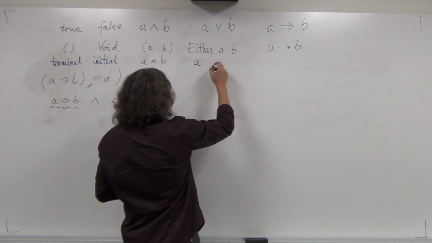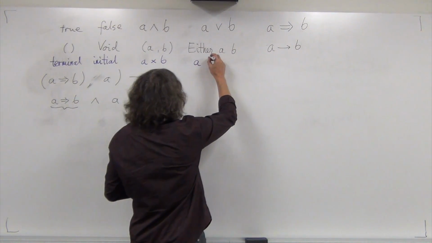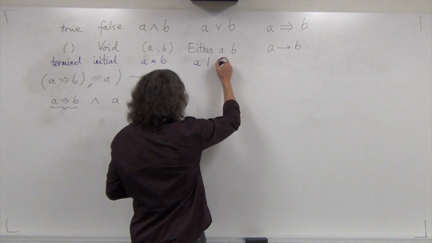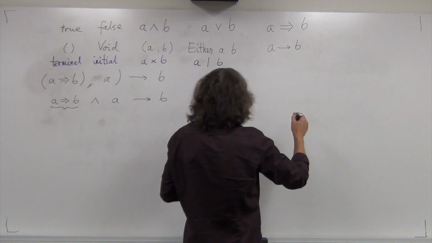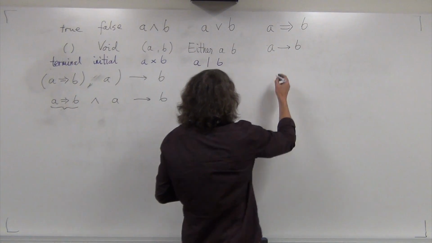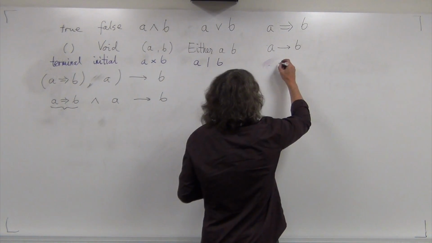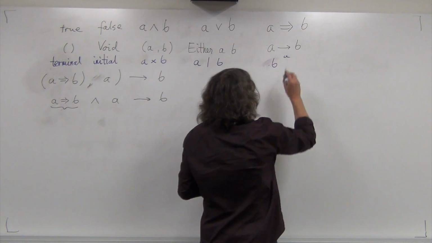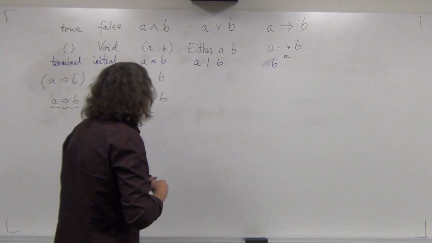Right? What did I call a coproduct? Categorical. Well, let's call it this, right? And this is the function type. This is actually B to the power of A, right?